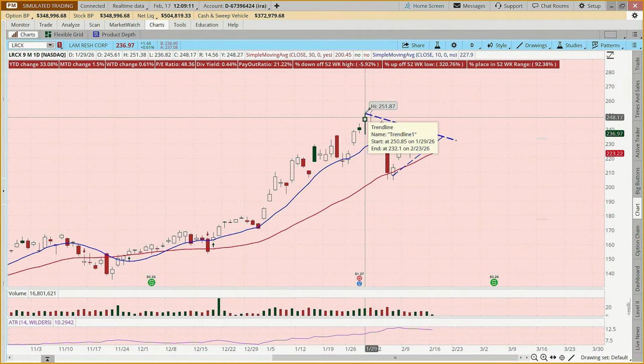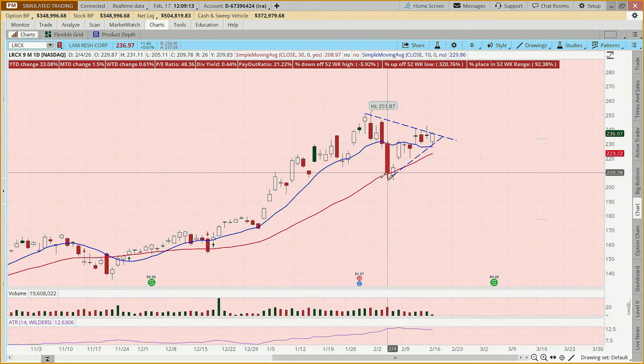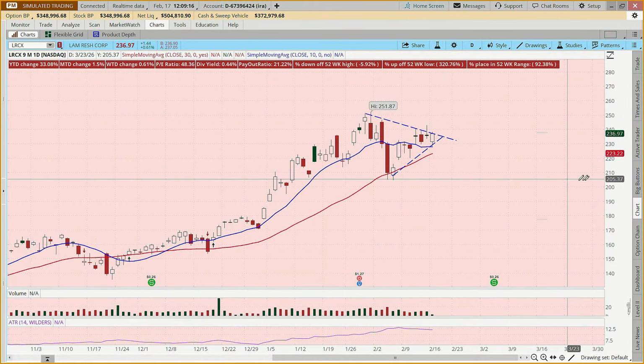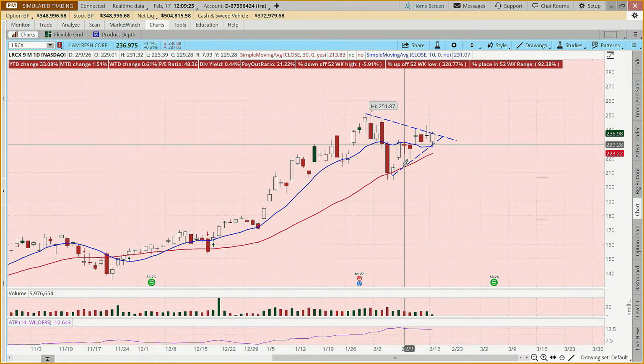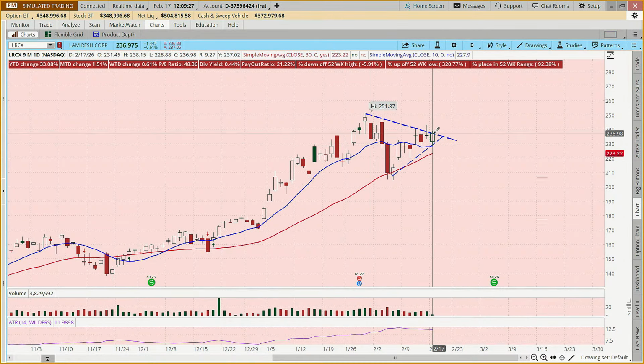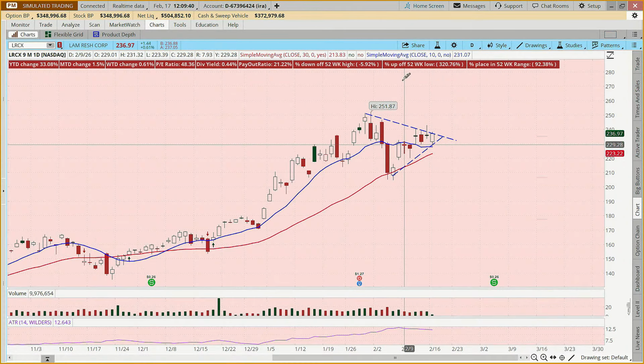And if it does break out, where might we expect it to move? Well, here's the height of this pattern. Here was the low around 205, and the height of the pattern was 250. So we'd add 45 to that. If it breaks out here at 236, and we add 45, our target here would be around 280.